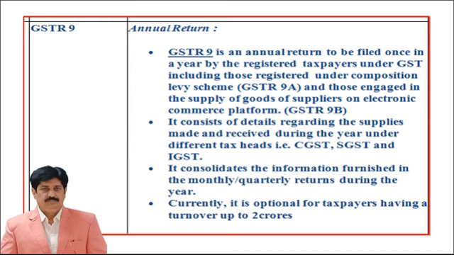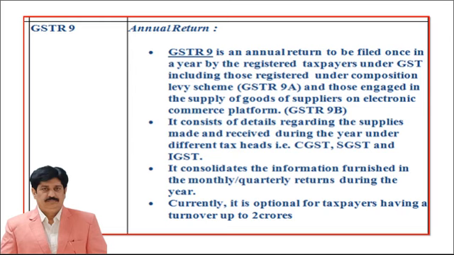Here simply we can say GSTR 9, GSTR 9A, GSTR 9B, there are three returns required. GSTR 9 is a normal return. Coming to the next one, GSTR 9A, and those engaged in the supply of goods or services on an electronic commerce platform, GSTR 9B. We will go through the remaining ones quickly later.